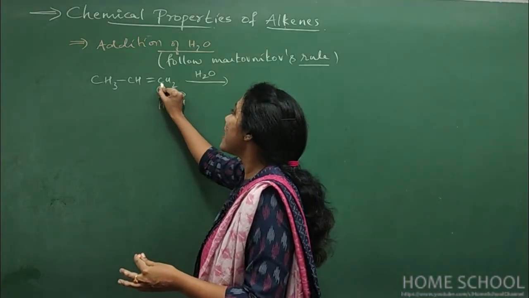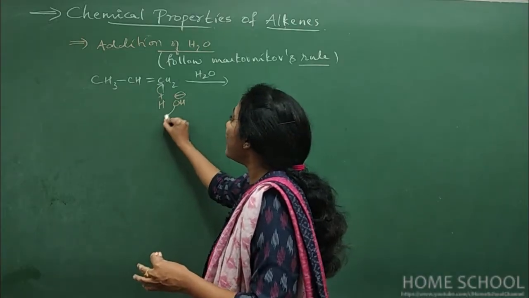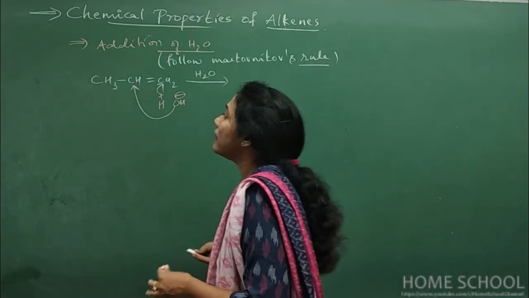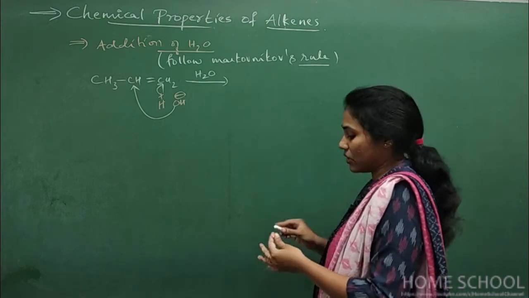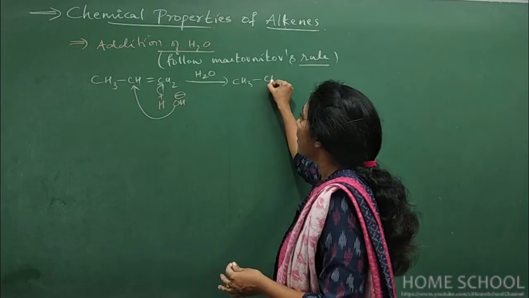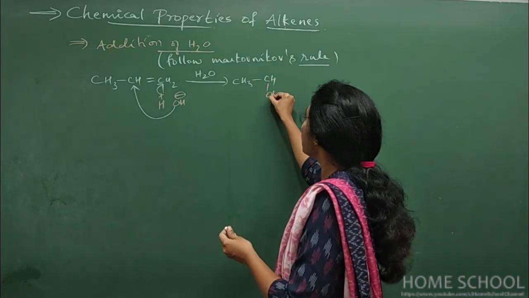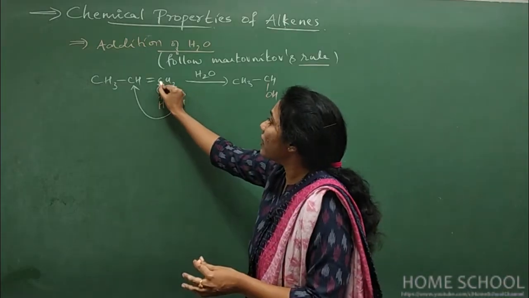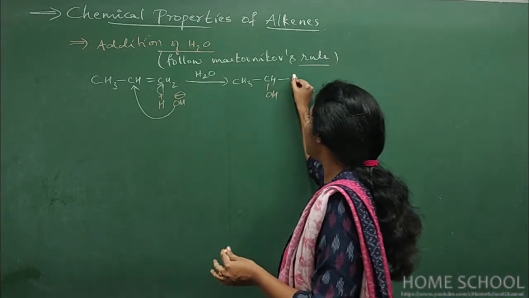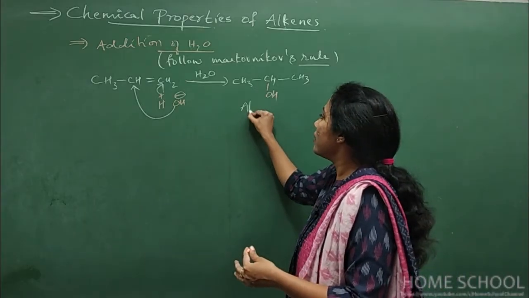The positive part is always added to the carbon having more hydrogens, and the negative part is always added to the carbon having fewer hydrogens, right? So what product will you get? For the CH carbon you added OH, and for the other carbon you added H, so that carbon has become CH3. So you will actually get an alcohol here.